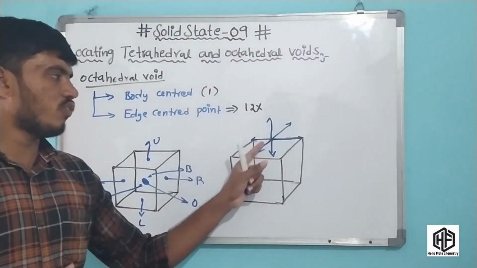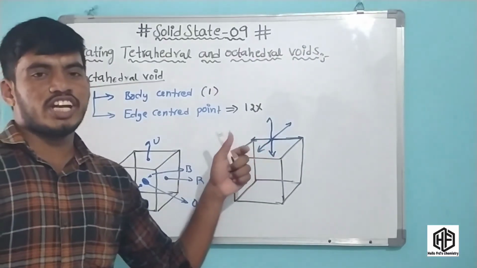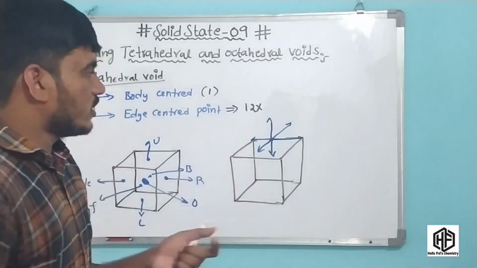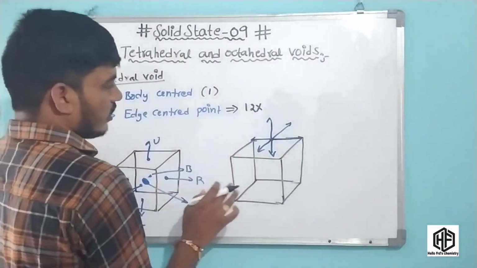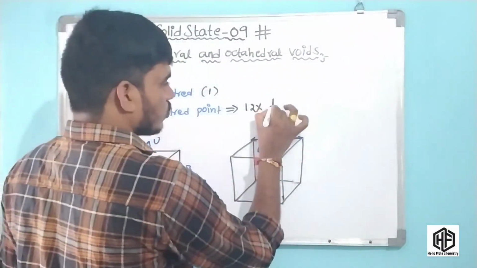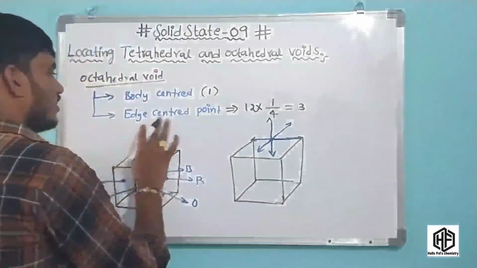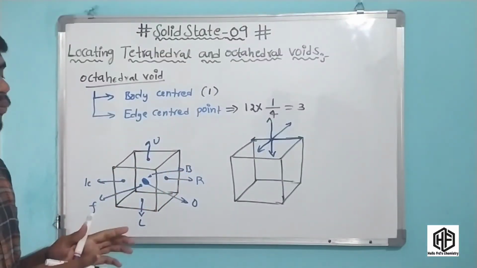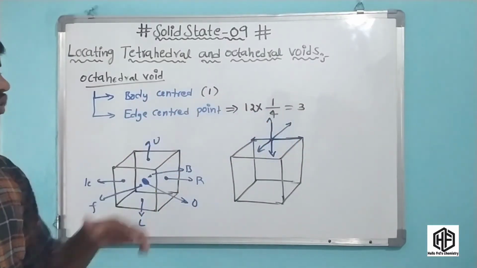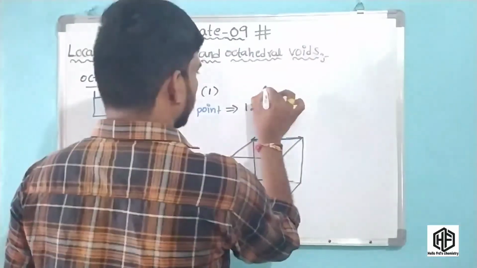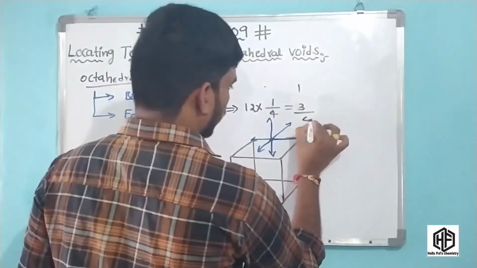Okay friends, each is shared with four other unit cells. It means the contribution of the edge centered point is 1 by 4. It means 3. Okay friends, at the edge centered point, how many octahedral voids are present? 3. And at the body center it is 1. Body centered is 1 and edge centered point is 3, total is 4.